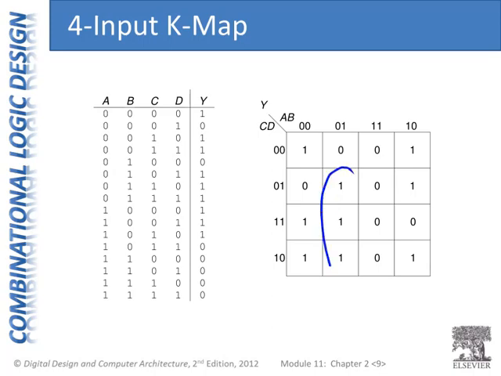This is tempting to do. But wait a minute, that's 3 1s. Can't do that. That doesn't work with combining either, right? We can't combine 3 things. We can combine 2 things. So we make that circle as large as we can. Well, that's as large as we can do it. That other one is a common error, but it has to be a circle that's circling a power of 2 1s.